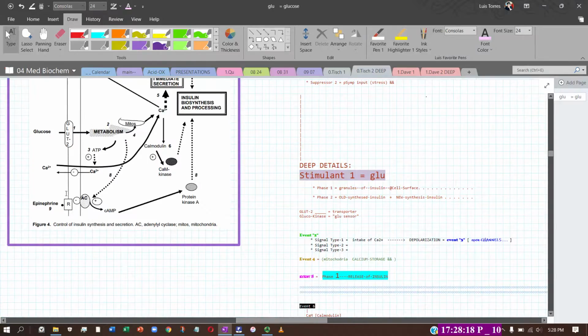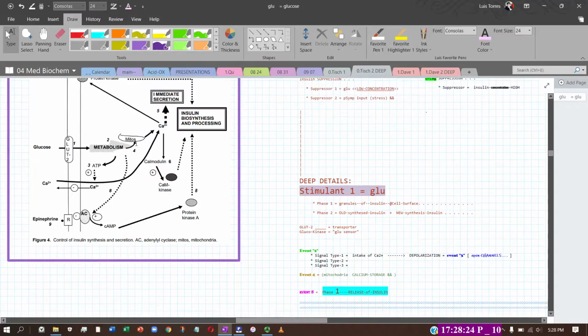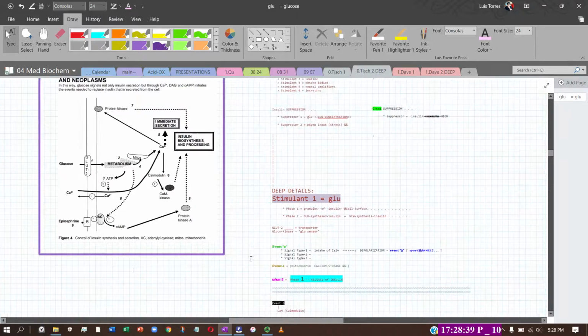I'd have to confirm with the notes later. Let's keep moving with the events. Event number 4, seen here, is an event in which the mitochondria releases its stored calcium ions. Here you have the stored calcium ions in the figure.